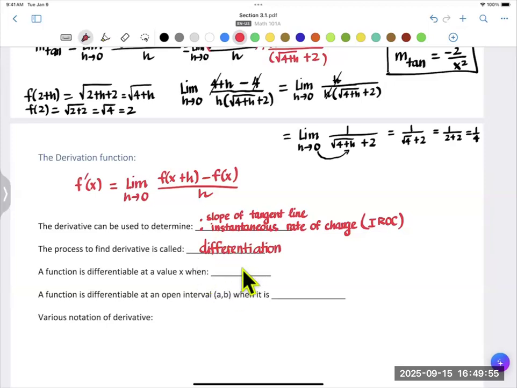So when the limit as h approaches 0 of f of x plus h minus f of x over h exists, the derivative exists. A function is differentiable on an interval from a to b when it's differentiable at every single point between a and b.